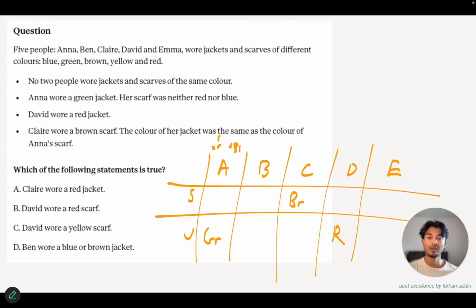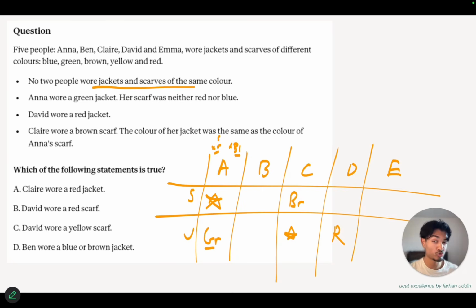Now we've got the color of her jacket was the same as the color of Anna's scarf. So the color of her jacket, I'm just going to have a star here, is the same as Anna's scarf. So we know that Anna's scarf cannot be red. It can't be blue. It can't be green because you can't have the same jacket and scarves as the same color.